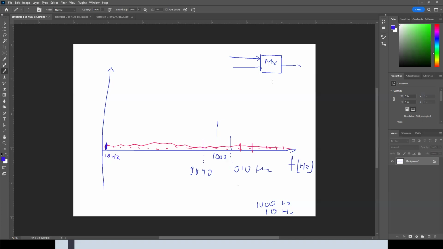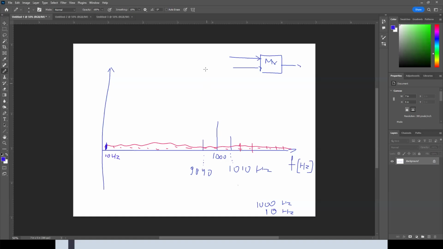Also, there's going to be some additional noise, apart from the white noise that is just present. We're going to get some noise that is introduced by the electronic components that make up the mixer, because that is made from something. So we do have a lot of things that we're going to have.